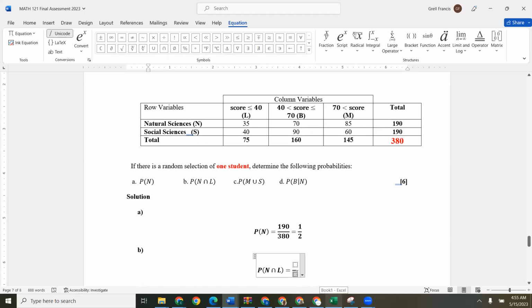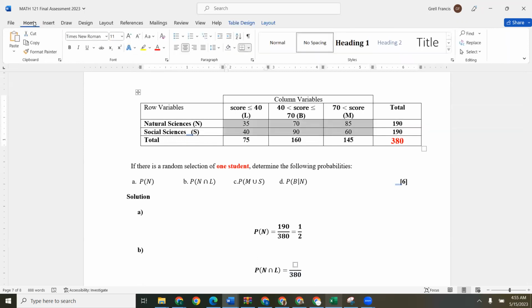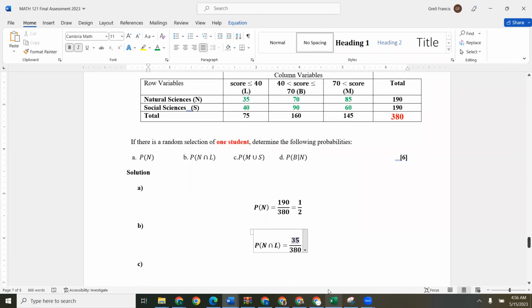Out of the total of 380 students, how many scored below 40 and are from the natural sciences? There are 35 of them. These numbers here, color-coded in green, are the intersections of the two variables. So 35 students are from the natural sciences and scored below 40. That will be 35 over 380, which is the probability of obtaining such a student. You don't necessarily have to simplify. You can leave your answer as a fraction.